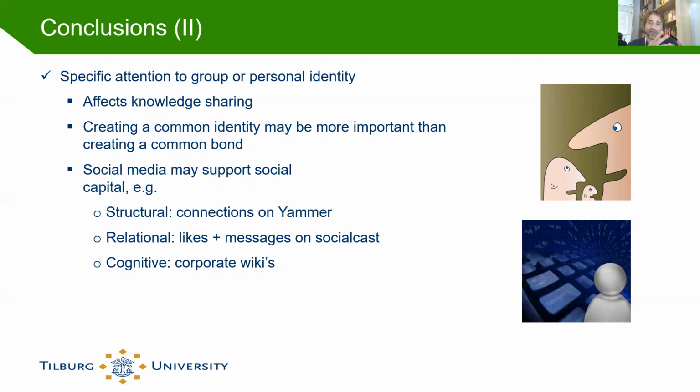And they can be helped, and so you can use social media to support these social processes as well, and they interact with each other. So I think that's pretty interesting, that again you see that there's a social interaction between technology affordances and the social aspects, and together they allow a team to work together, or allow people to share knowledge with each other.